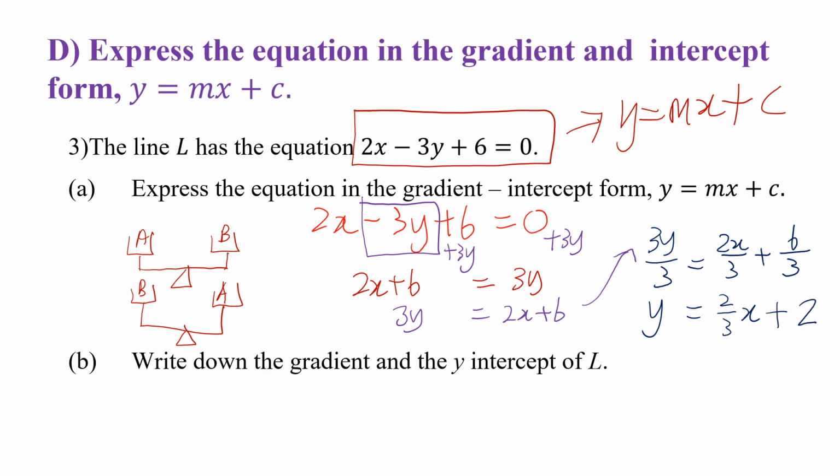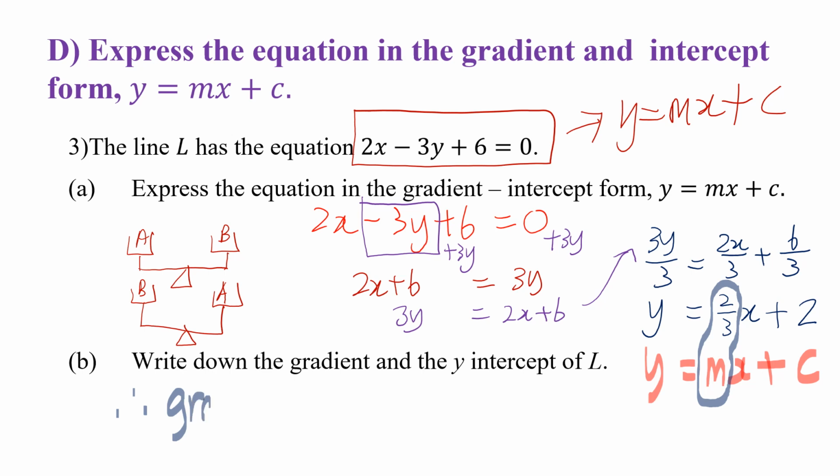Then you compare it with our favorite guy. Our favorite guy is y equals mx plus c. From there, you can do a comparison. Can you see that your m, which is the gradient, is 2/3? So therefore, the therefore is very important.